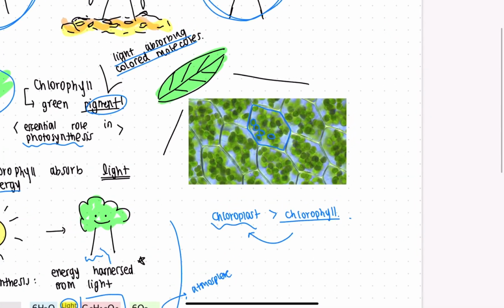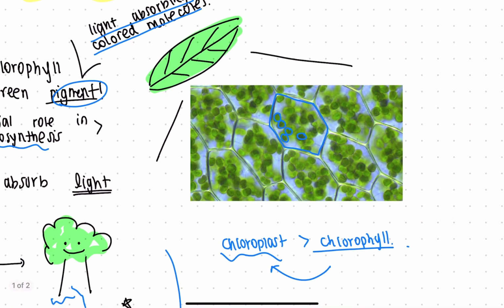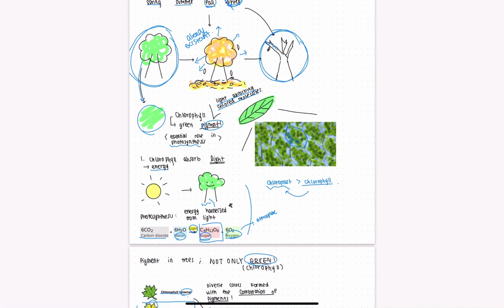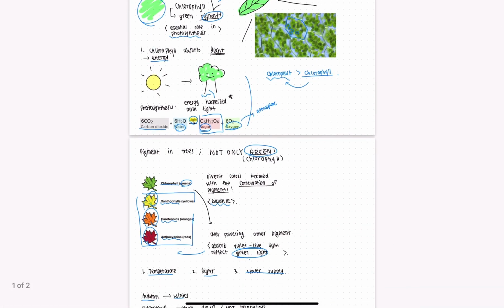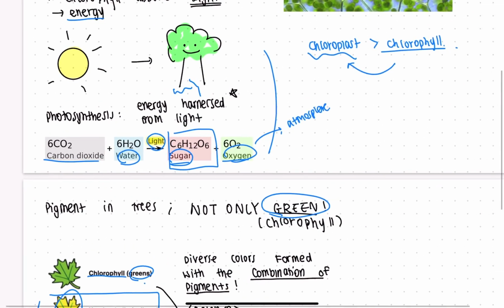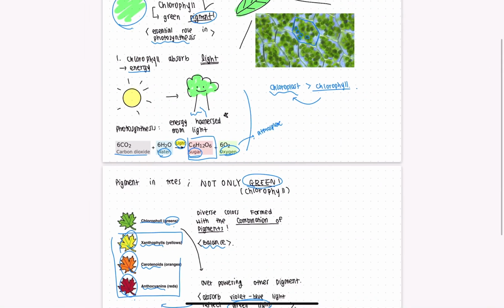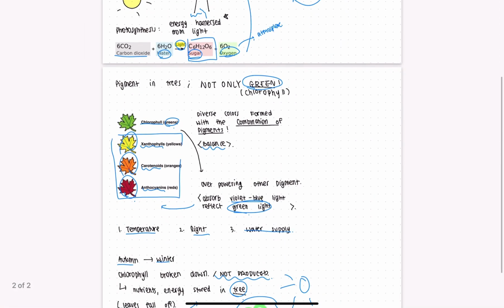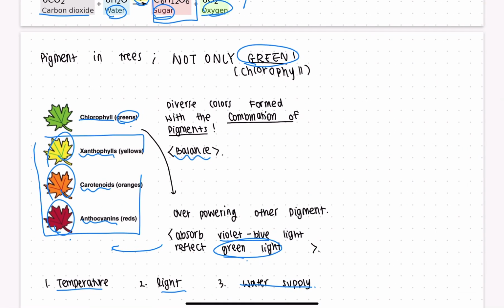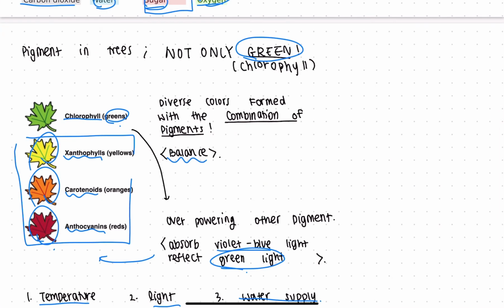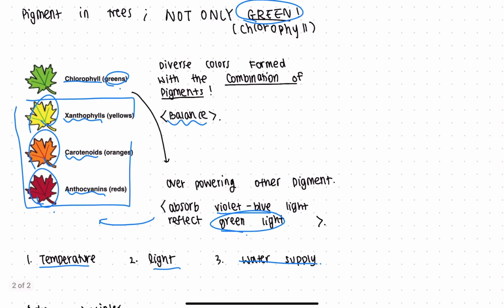We have explored the diagram of chloroplast and chlorophyll in a close-up leaf diagram. We have seen the equation for photosynthesis. We have seen the different colors, with different names for each pigment, and that the diverse colors formed with a combination of pigments are what make the colors of the leaves.